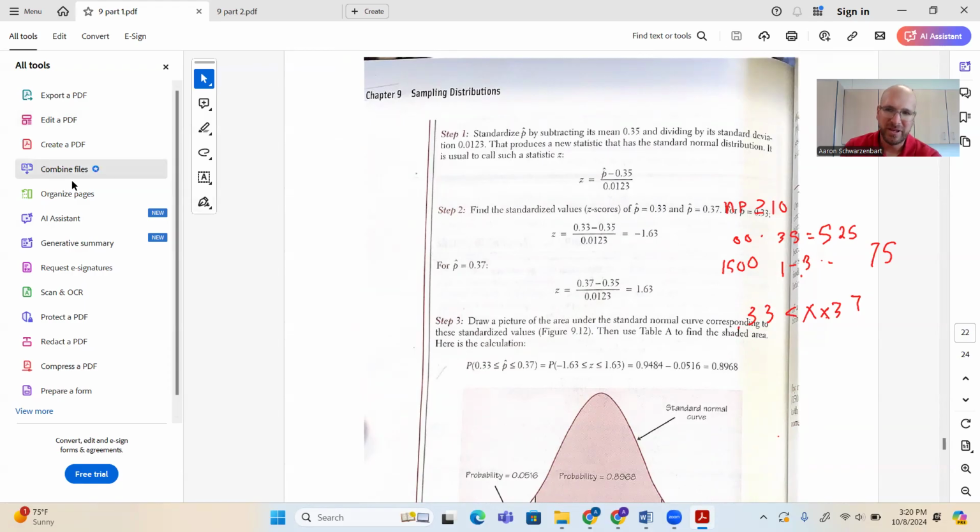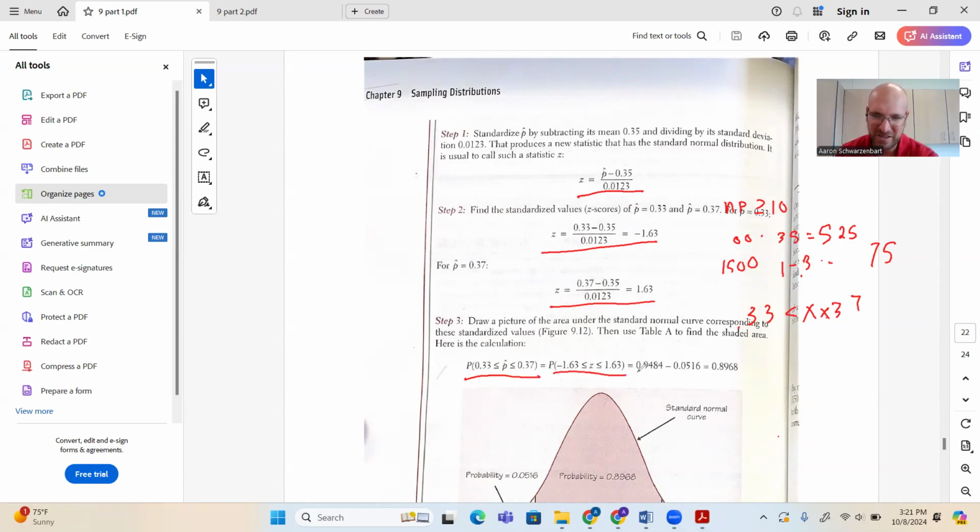And I'm going to do it for both ends. So we take this, we plug in 0.33, and we get negative 1.63. We plug in 0.37, we get 1.63. The probability that p hat is between those, the probability that the z's are between these.